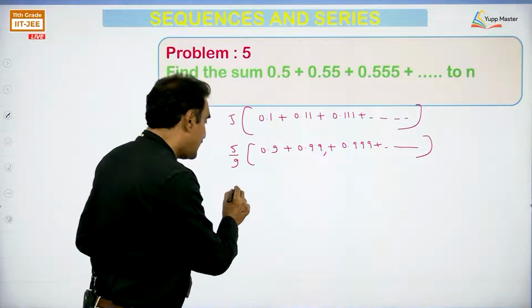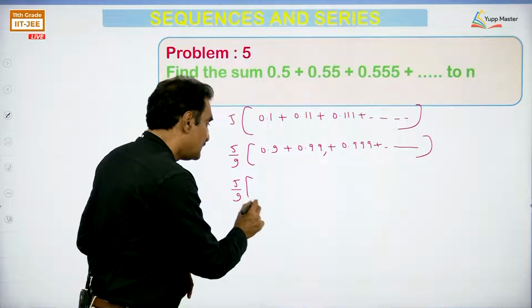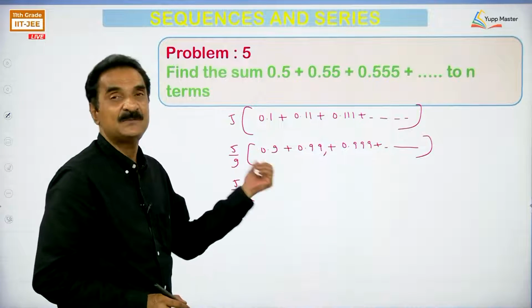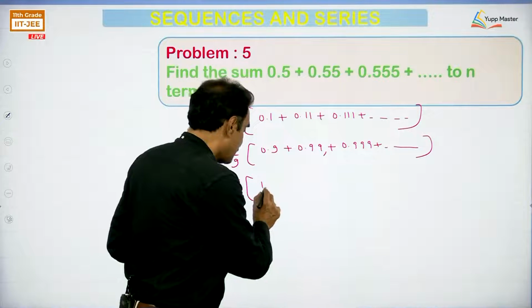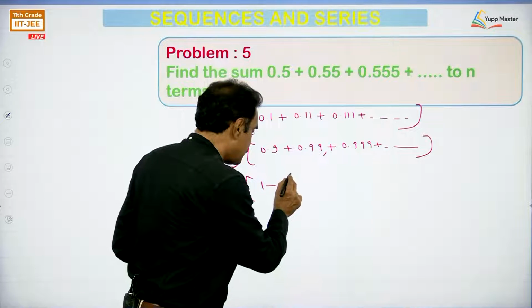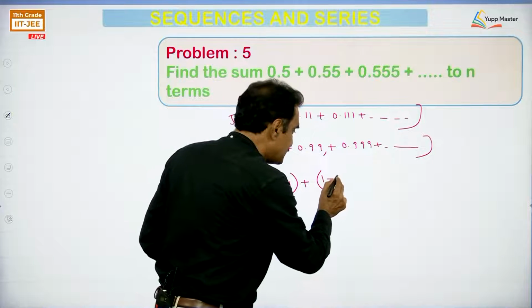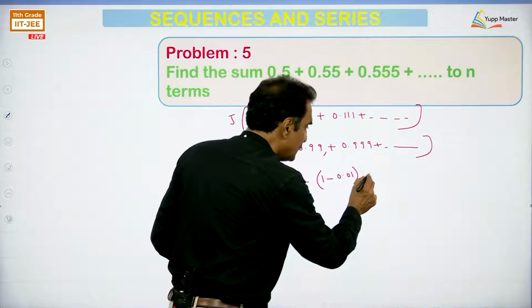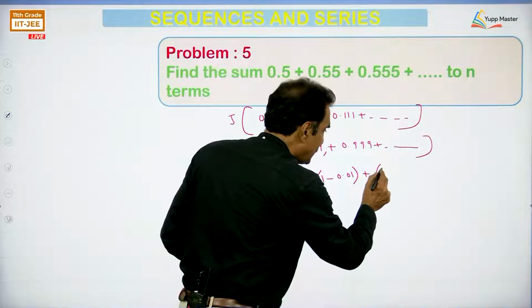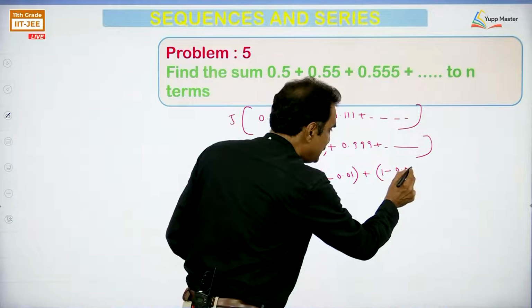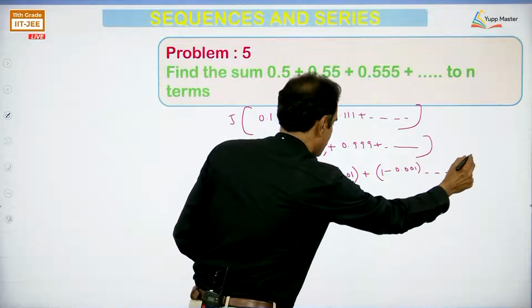Now we write 0.9 is 1 minus 0.1, plus this is 1 minus 0.01, next is 1 minus 0.001 and so on.